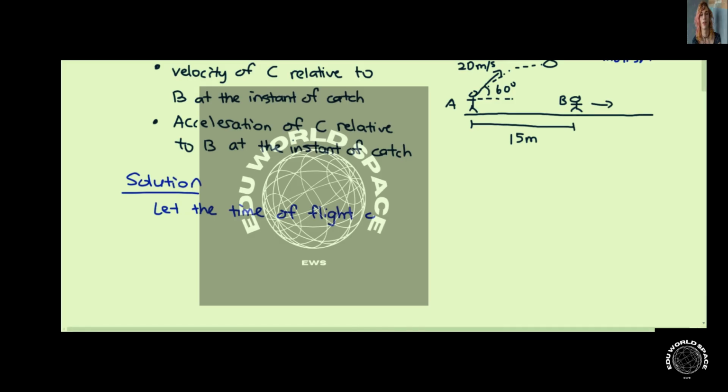Okay, so we'll be using Vy equals Vy naught plus Ayt, taking downward to be positive. So we look at the ball.